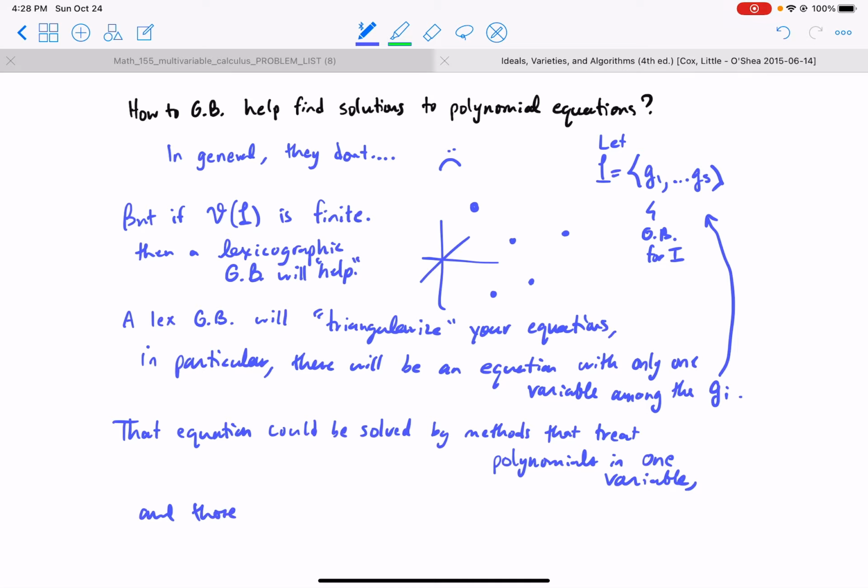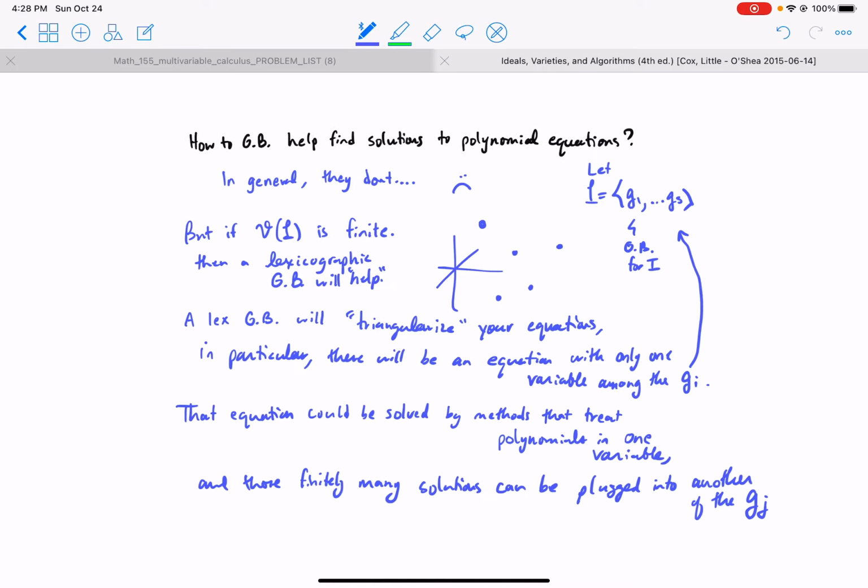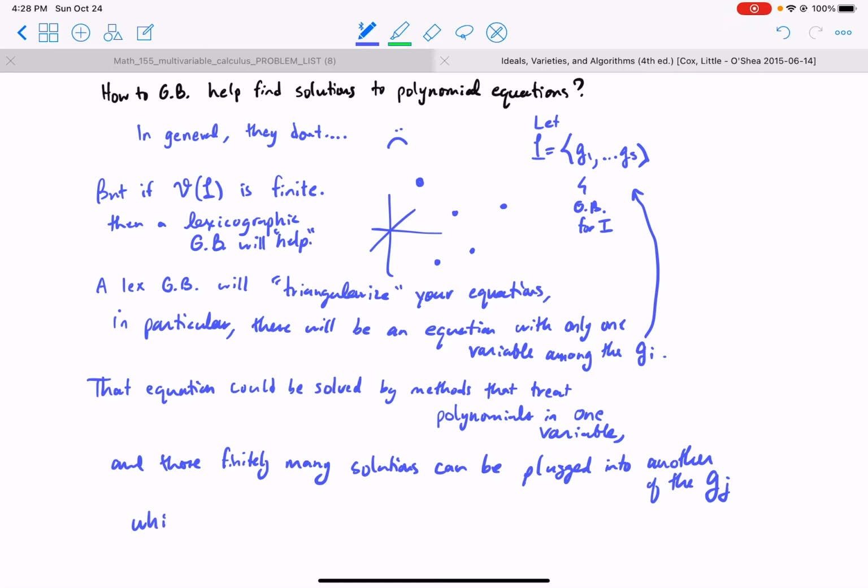And those finitely many solutions can be plugged into another of the GI, which is guaranteed to have only 2 variables.